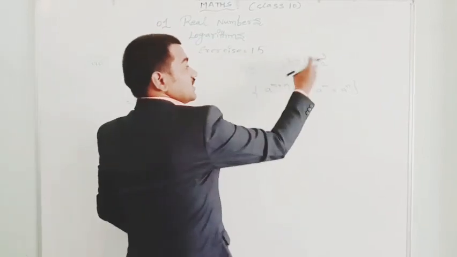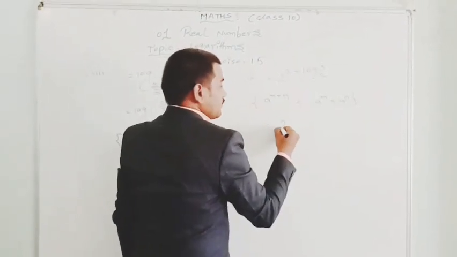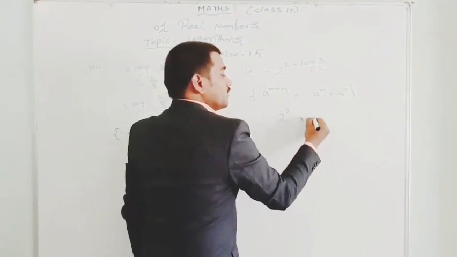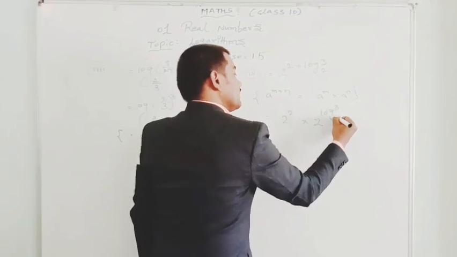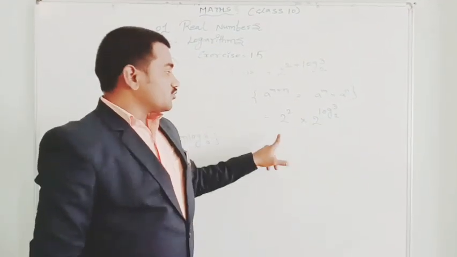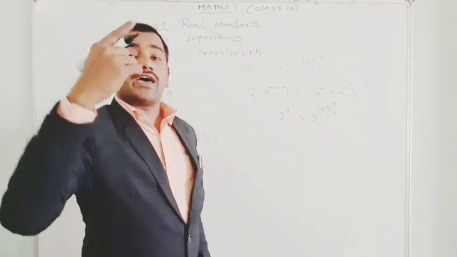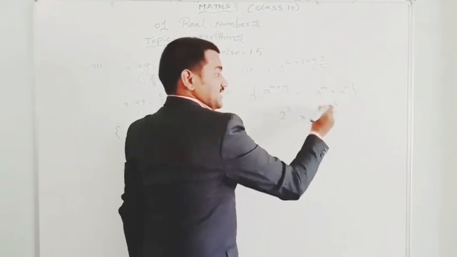So let us convert this into the RHS form. That is 2 to the power of 2 into 2 to the power of log 3 base 2. Here 2 to the power of 2, 2 square value, is 4. This value we have. But what about this?